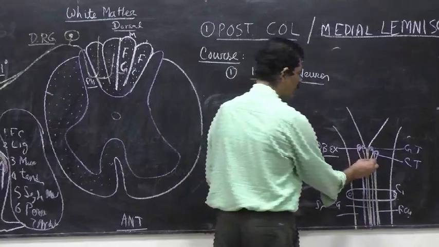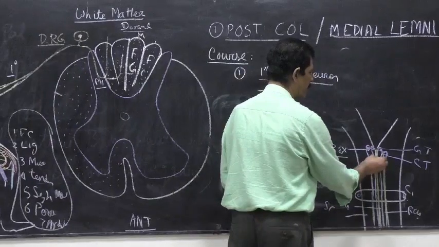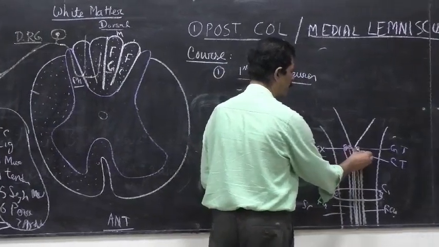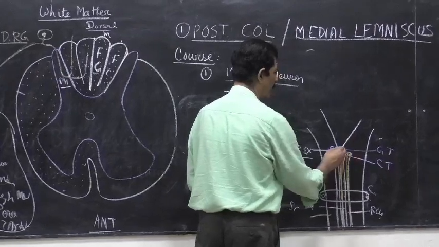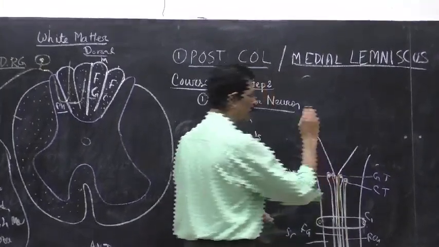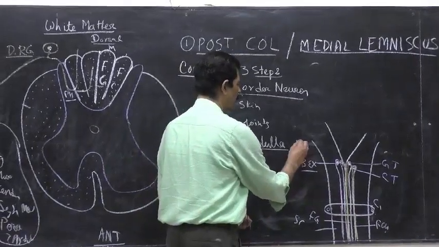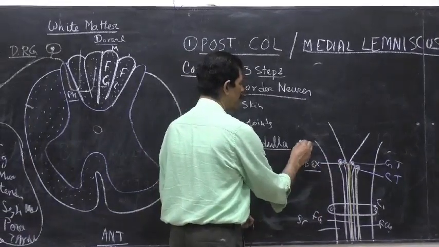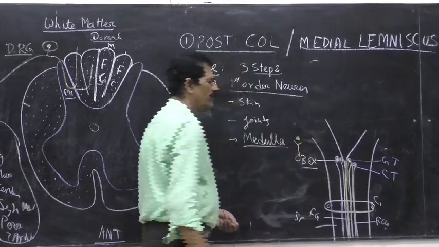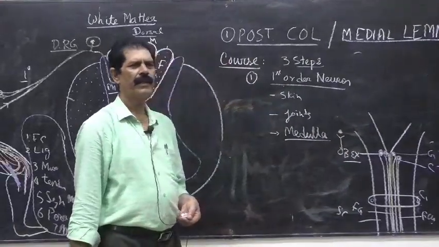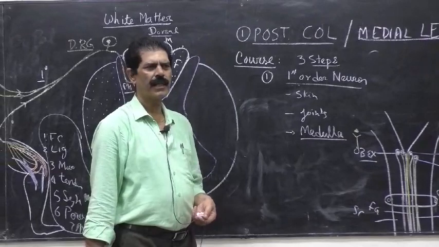So these bundles carrying the five types of posterior column sensation now relay here. They relay. So this is the sign of the relay: axon terminal ending here. This is the grey matter of the gracile tubercle. This is the sign of a relay in the brain or the CNS that we depict.